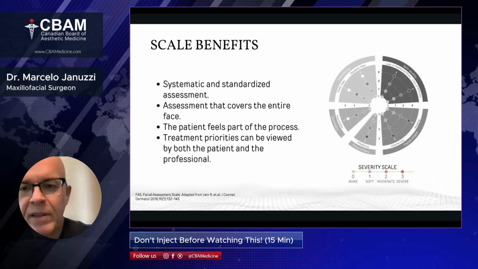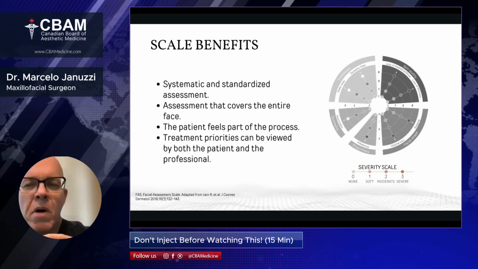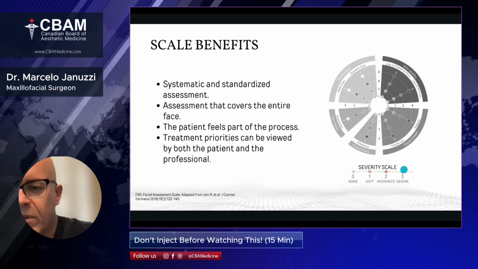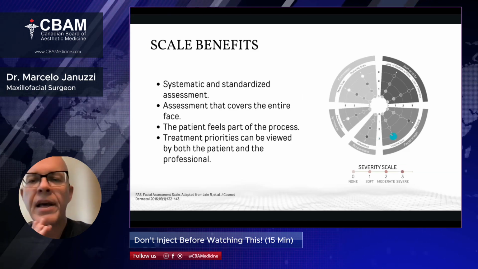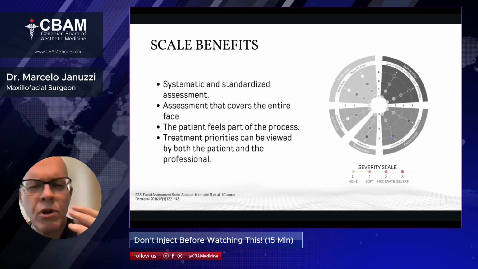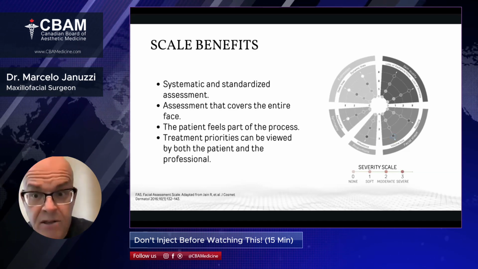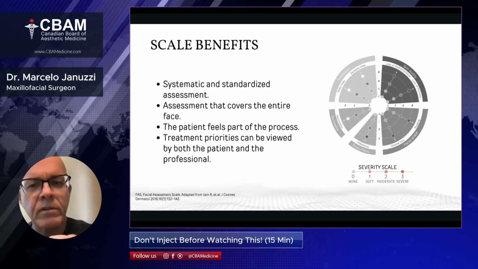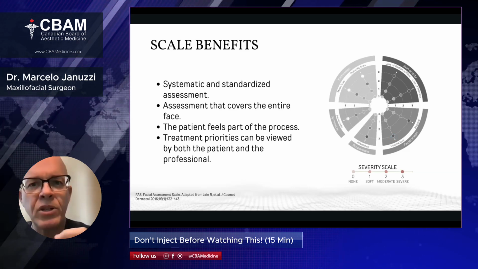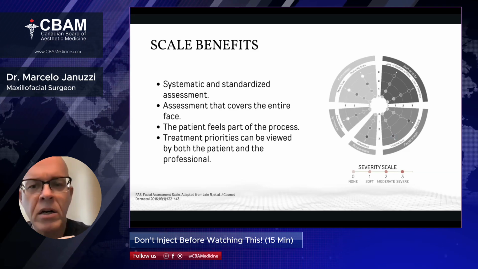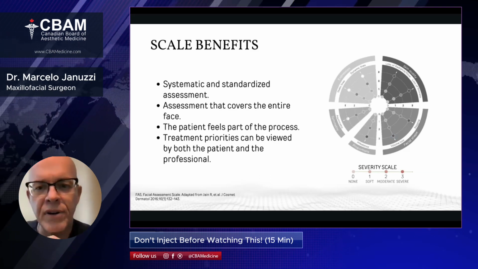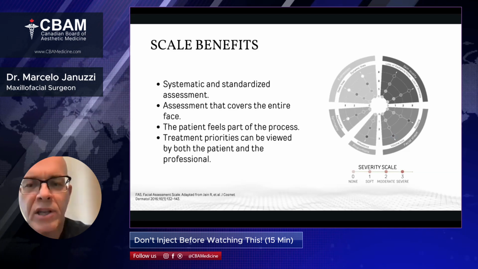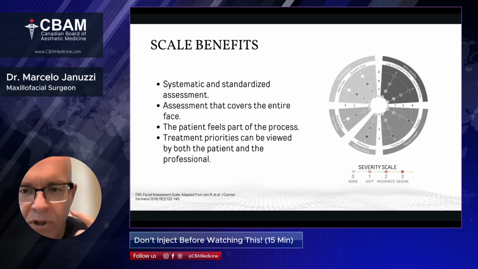In this moment, the patient maybe marks something severe, for example severe volume loss, and we are not seeing a severe volume loss. So to understand the problem, the patient sometimes marks something as very severe that we are not able to see.